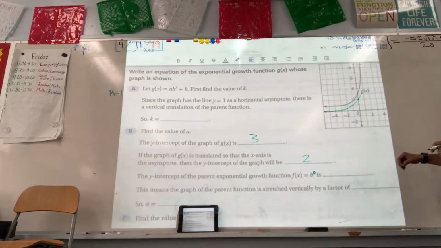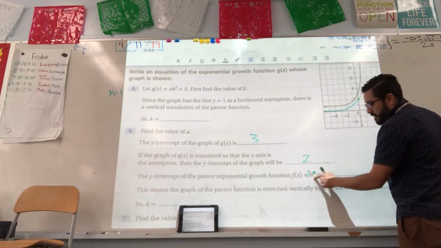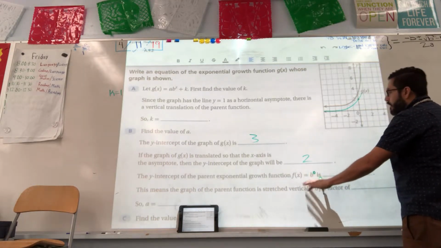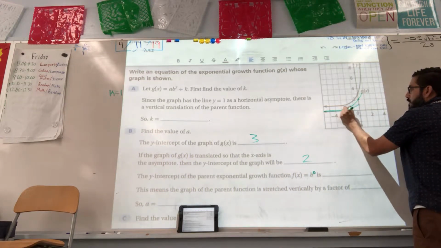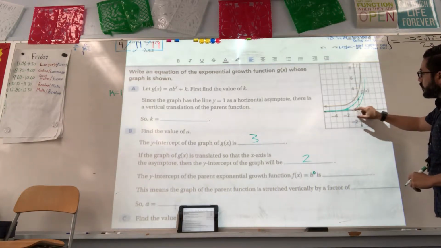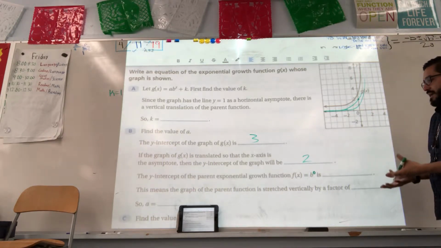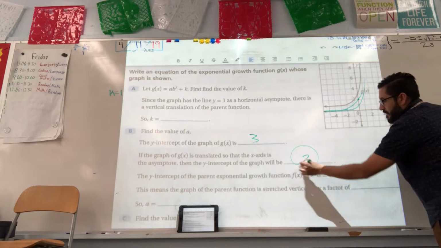However, another thing we need to know is that obviously this is being multiplied by something, because if it weren't, the graph would actually cross at 1. And it will look something like this. Okay, so in order to get this to cross the y-axis at 2, we need to multiply it by a factor, right? And that would be this factor.